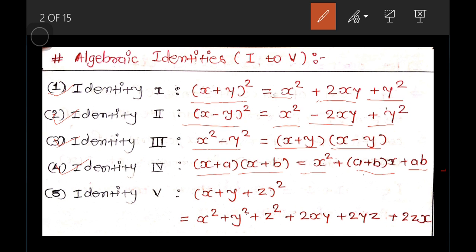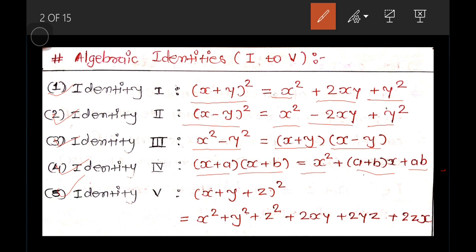And the fifth one is given as, in brackets, x plus y plus z all square is equal to x square plus y square plus z square plus 2xy plus 2yz plus 2zx.